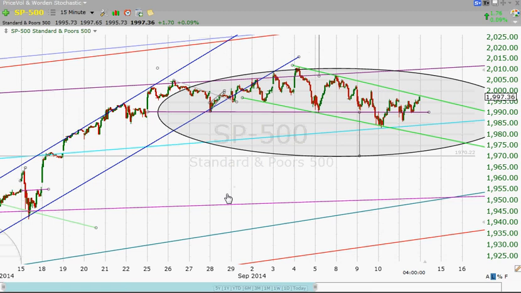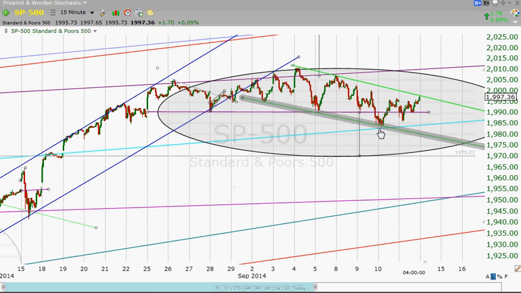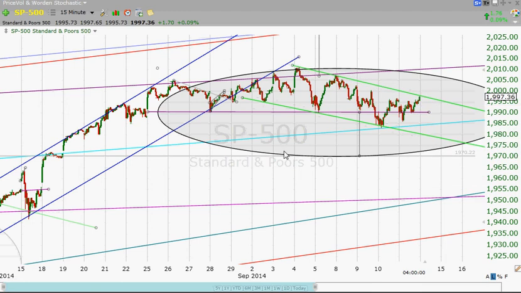So anyway, basically we tagged this bottom trend line, that was created on 9/9/2014, has not been updated. We bounced on that. Then we moved around a little bit sideways, and now we ended the day touching our resistance line.